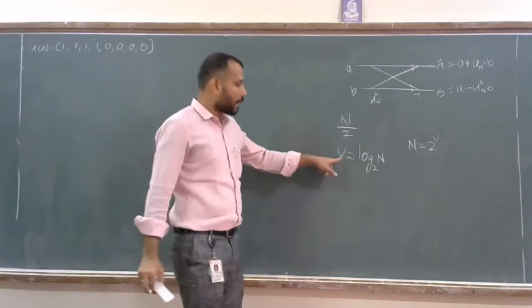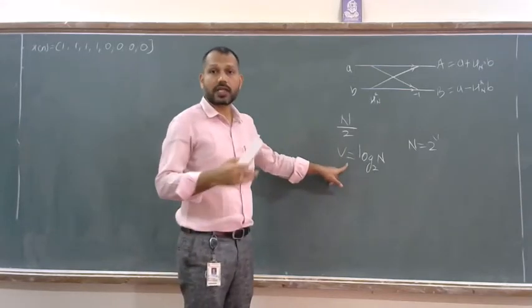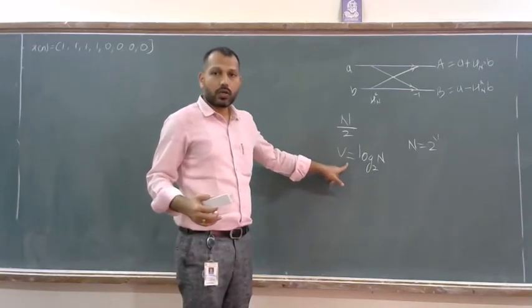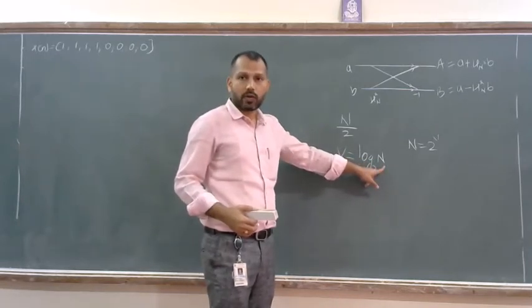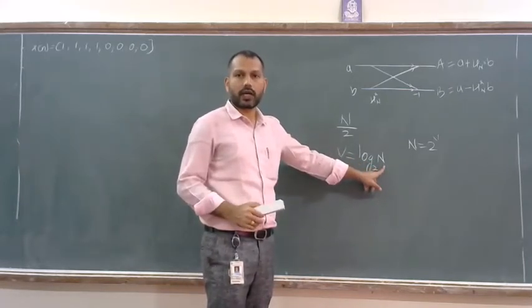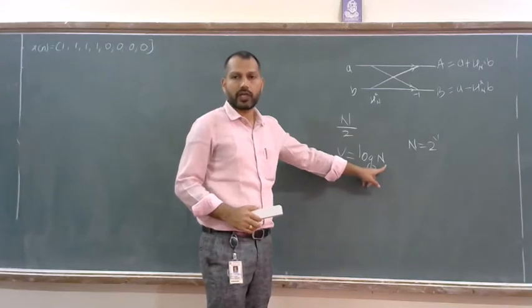Okay, so capital V represents the number of stages in the decimation in time fast Fourier transform to compute n point DFT.